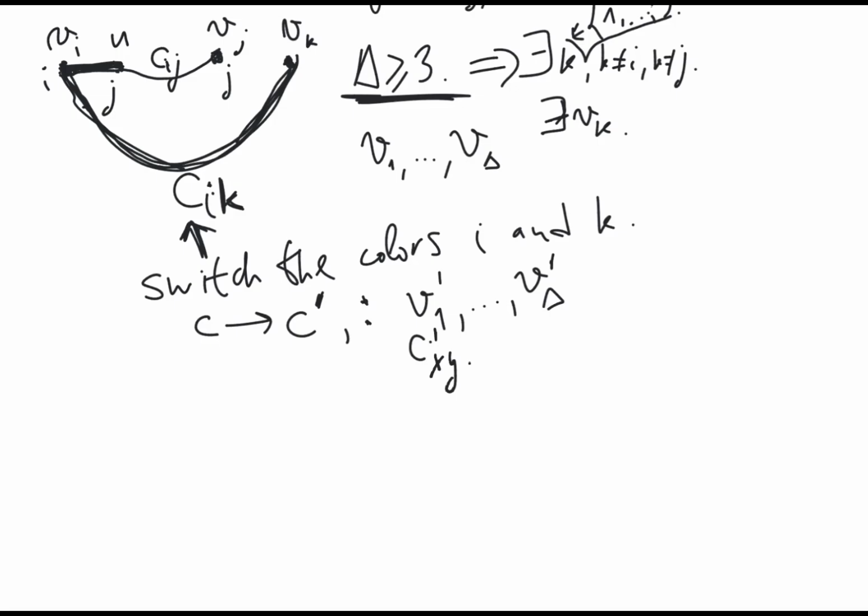So notice that now vk prime is actually vi. This is the same vertex, because in the old coloring it is colored i, in the new coloring it is colored k, because we switched the colors, interchanged the colors i and k. And vice versa, vi prime is the vertex vk.